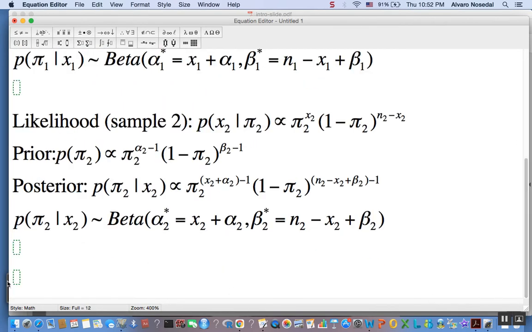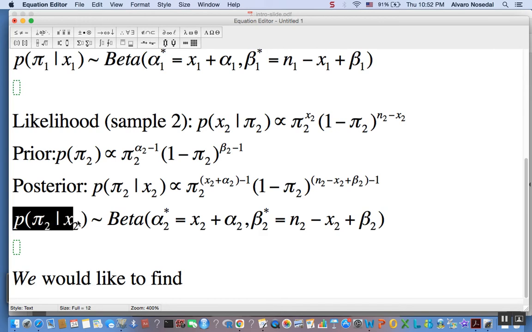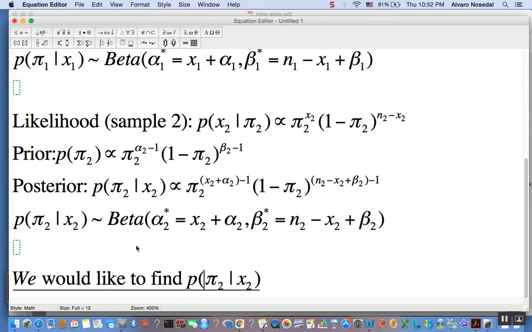Let me copy this and modify it slightly: pi1 minus pi2 given x1 and x2. So we would like to find that posterior distribution.